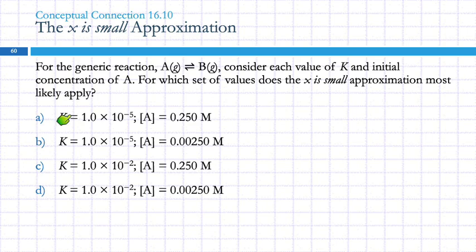So we've got two choices here, 10 to the minus 5 and 10 to the minus 2. So when K is small, it's more likely to be true. So we'll get rid of those. And then, do we want the concentration to be large or small? We want it to be large. So A is where it's most likely to be true. Any questions?